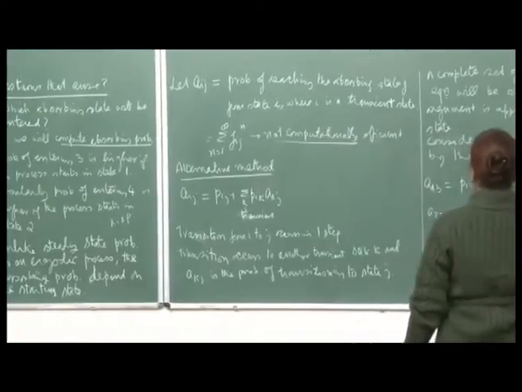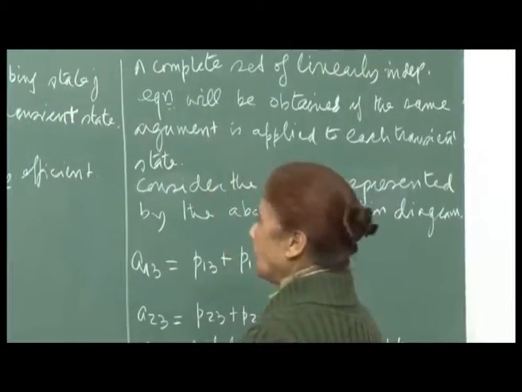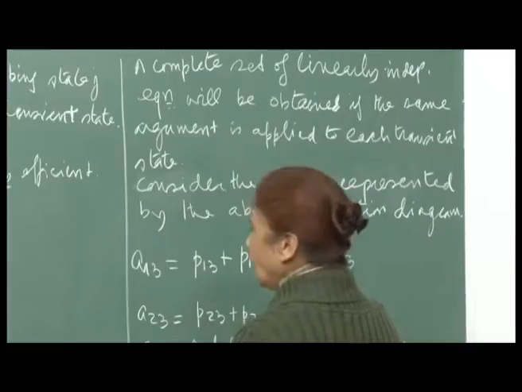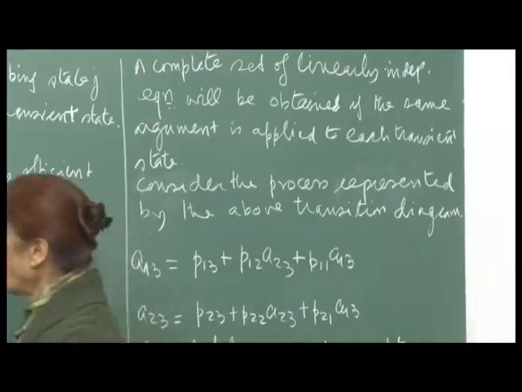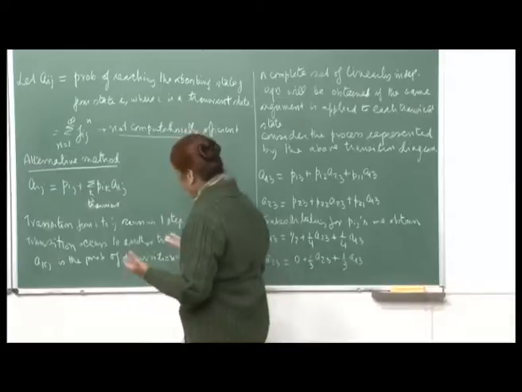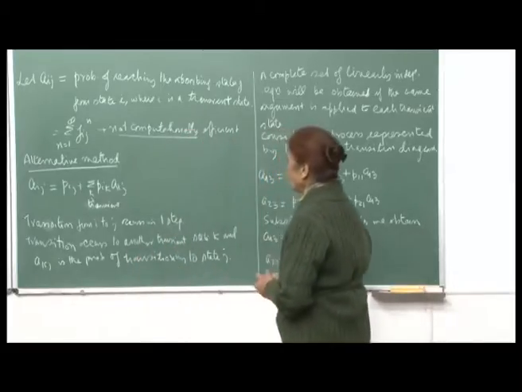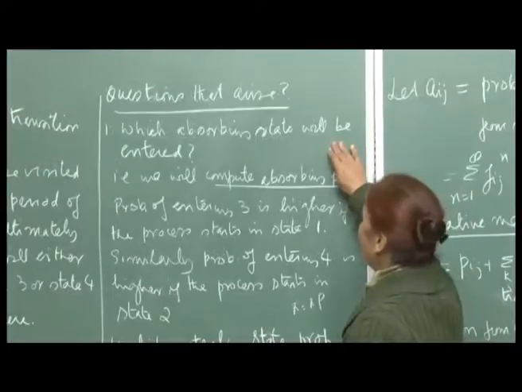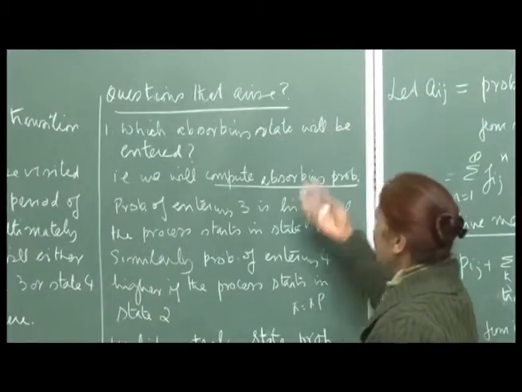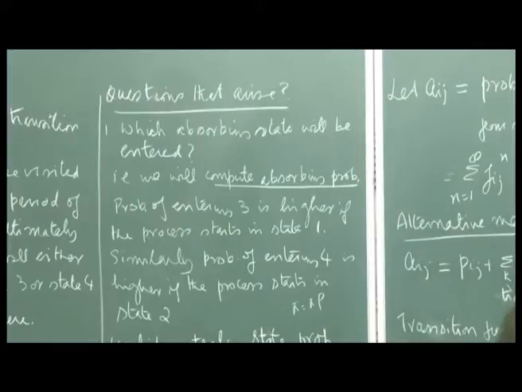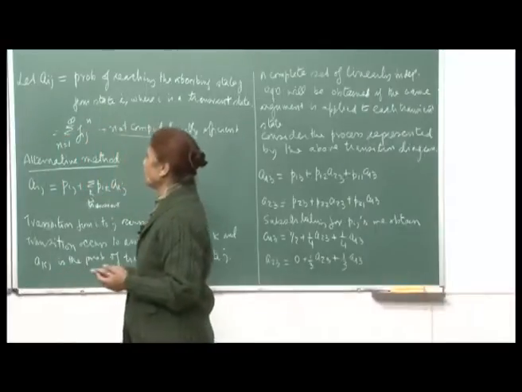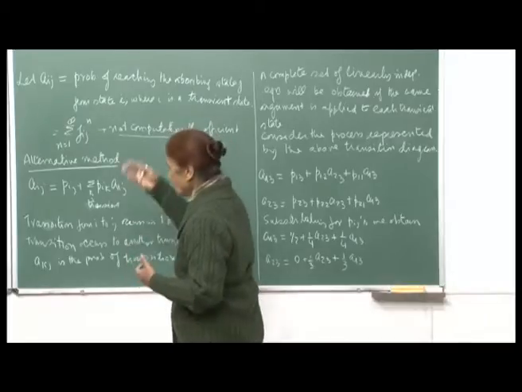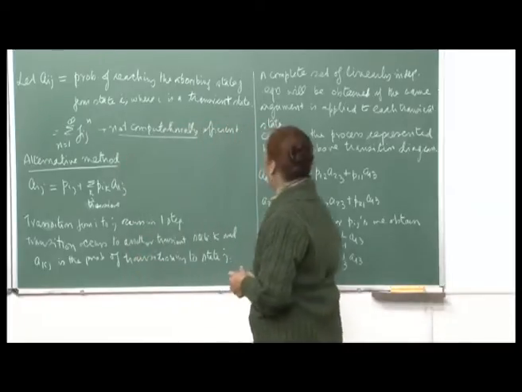Then I will have a complete set of linearly independent equations, and we will solve for the Aij's. So we will be able to answer the question of which absorbing state will be entered, in the sense that a particular absorbing state will be entered with this much probability starting from this state.